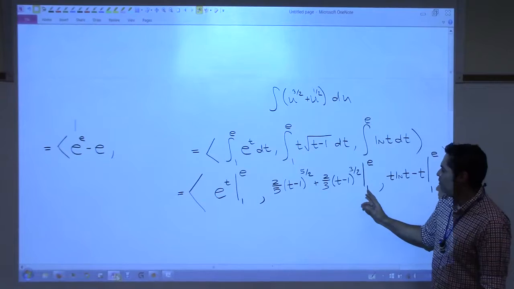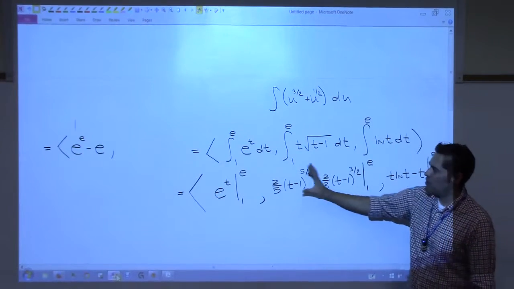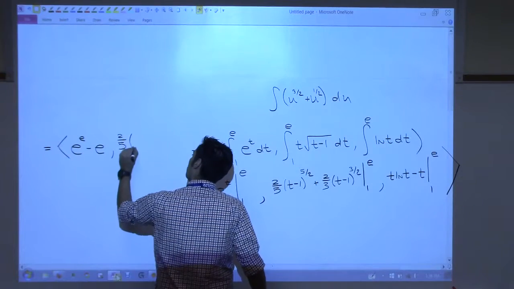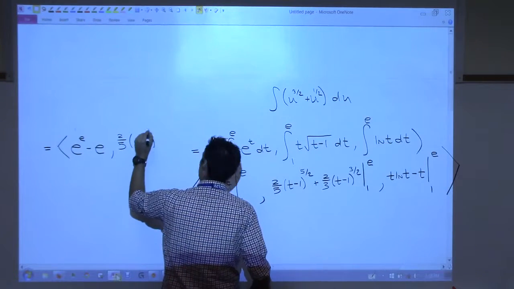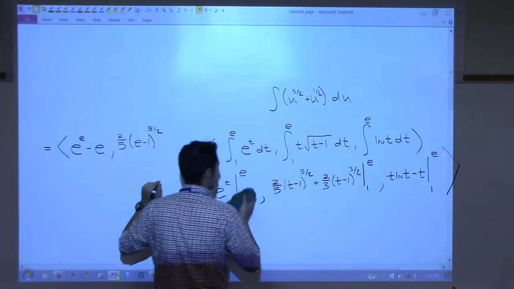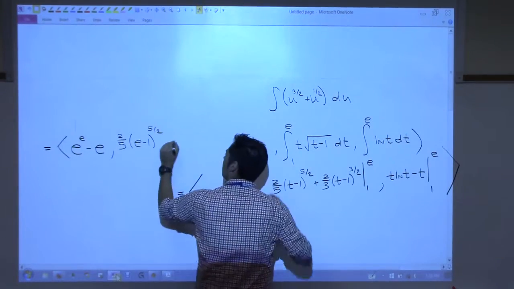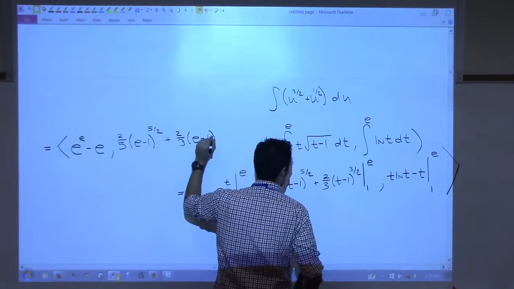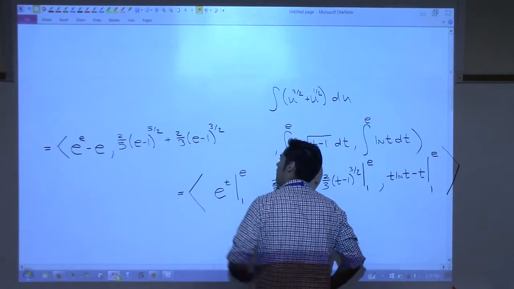And then what about when 1 goes in? It's all 0, so I'll just write it out. Okay, 2/5 times e to the e minus 1. Don't get your calculator if that's what you're doing. Don't worry about it. This is a numerical result. We'll leave it in its exact form, and we'll be happy.